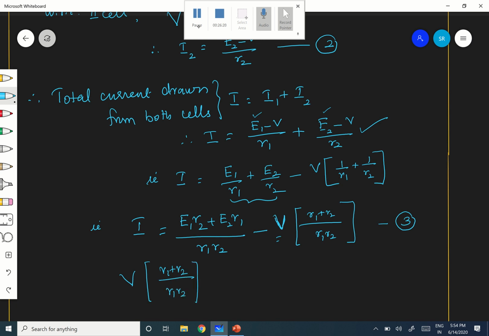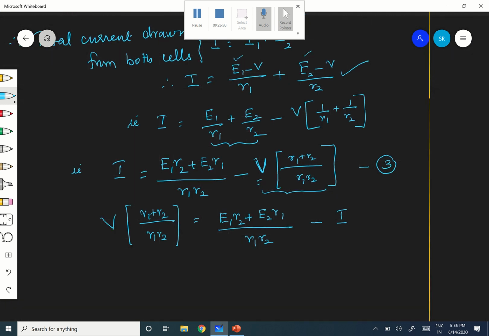If I bring this one to the left, V, this term, therefore that is equal to (E1 R2 + E2 R1) divided by R1 R2, then minus I, I am bringing to the right. Hope you are following.